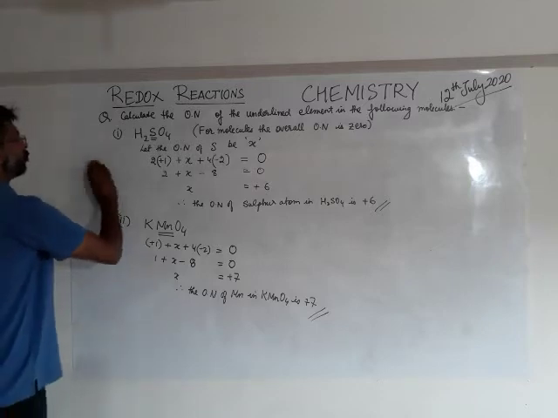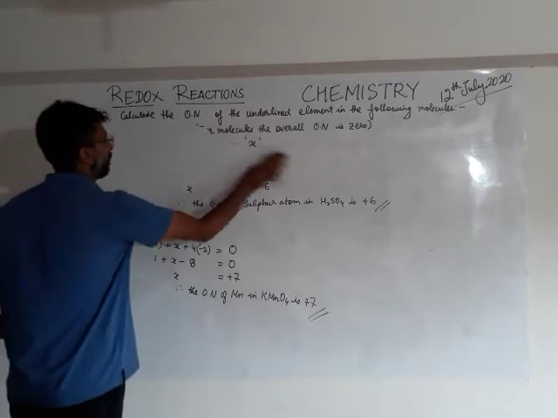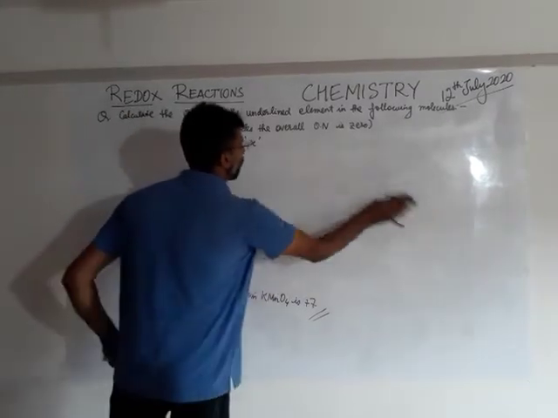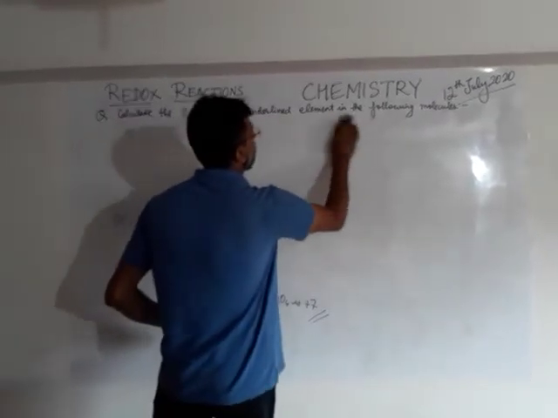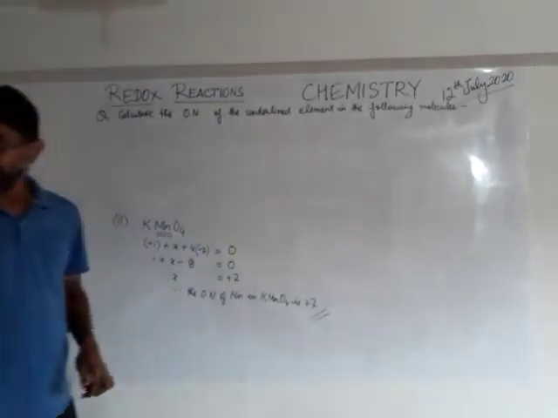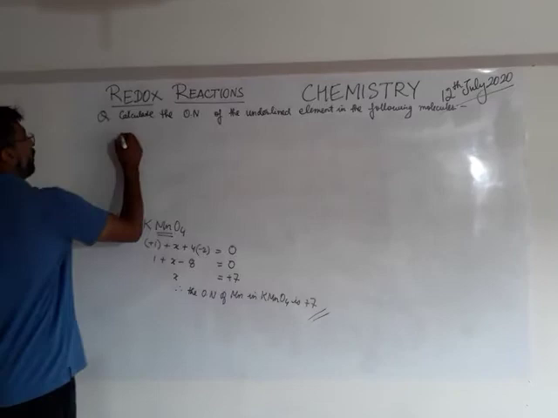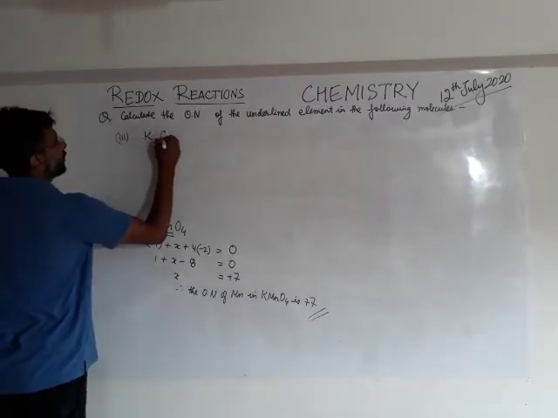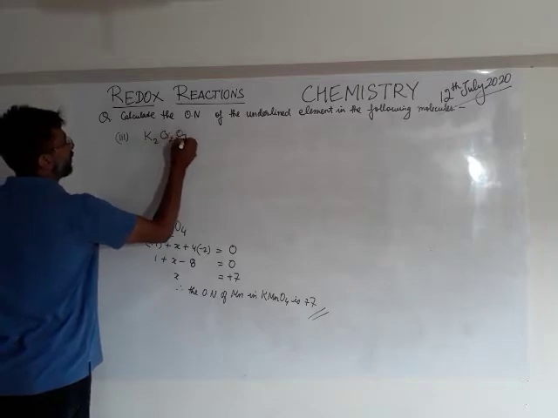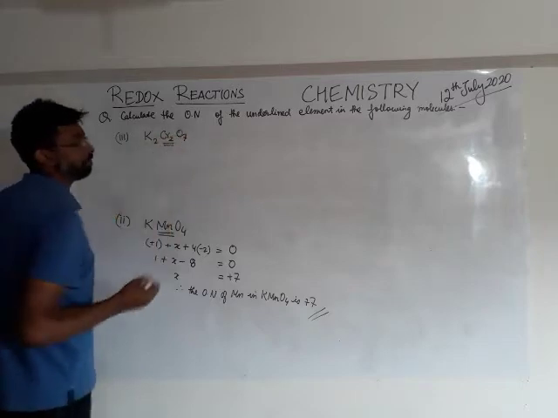One more I will show you, number 3, that is to calculate the oxidation number of chromium in potassium dichromate. The third one, potassium dichromate, K2Cr2O7. Here the underlined element is chromium.